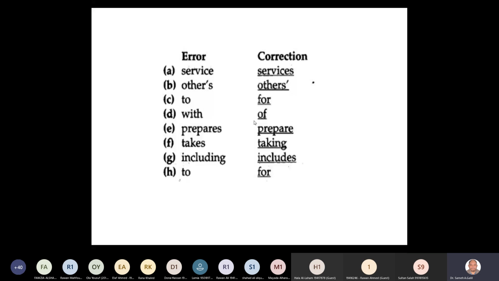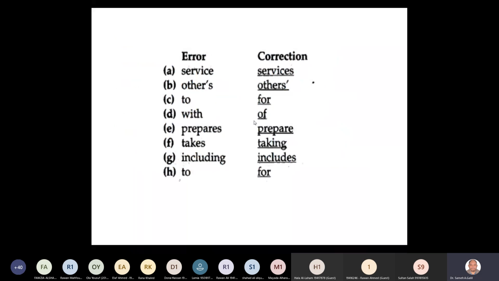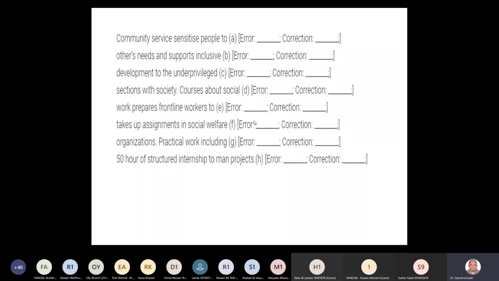And then others like Hala said, 4. What is 4? So support inclusive development for the underprivileged. What is of? We said in society. I don't know whether of society or in society. The two of them are correct.